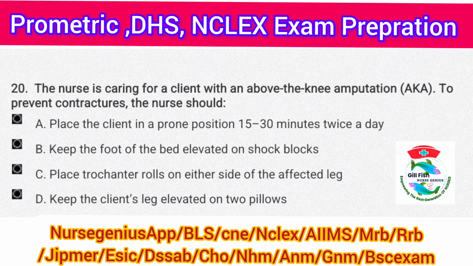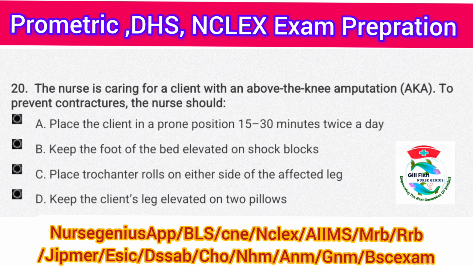Next question. The nurse is caring for a client with an above the knee amputation, that is AKA. To prevent contracture, the nurse should: option A, place the client in a prone position 15 to 30 minutes twice a day; option B, keep the foot of the bed elevated on a soft block; option C, place a trochanter roll on either side of the affected side; option D, keep the client's leg elevated on two pillows.